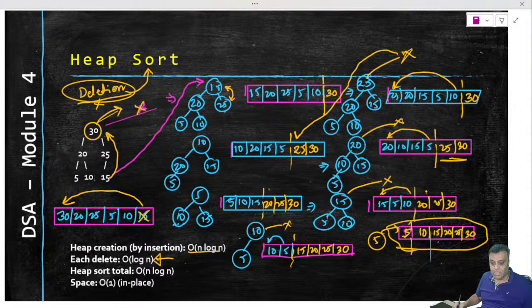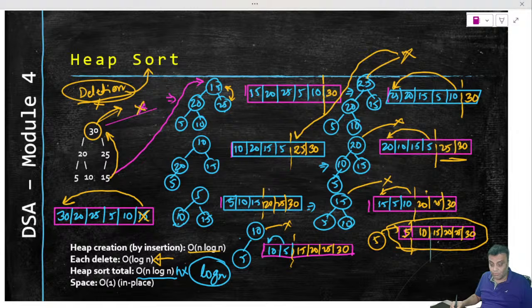So each element, when deleted, will take log n maximum complexity. And how many elements do we have? n. How many elements are we deleting? n. So each element may come down log n levels, and there are n elements, so n log n will be the total complexity for the deletion.